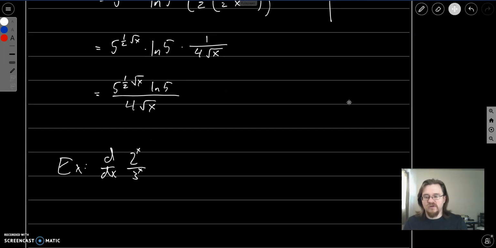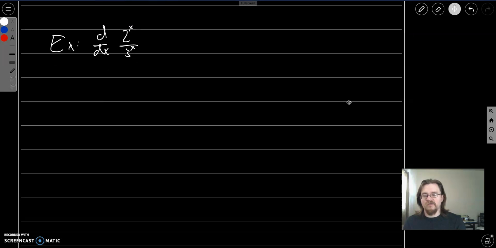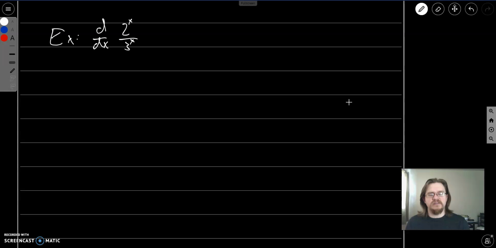Let's do one more involving these exponentials before we do something a little different. So we have the derivative of 2 to the x divided by 3 to the x. So here we have a quotient. We have the top divided by the bottom. So we're going to need to use our quotient rule.